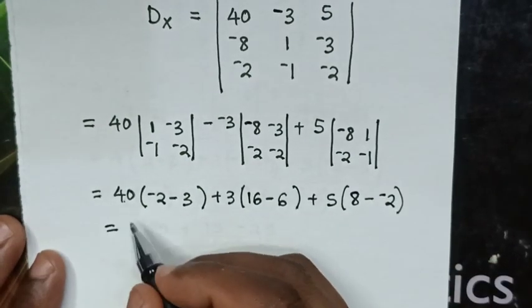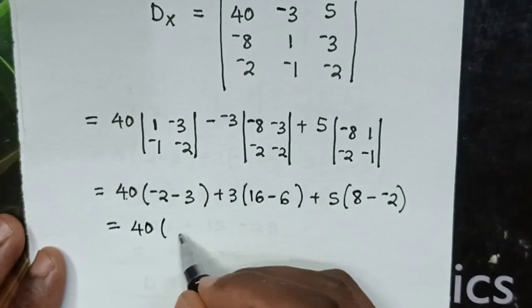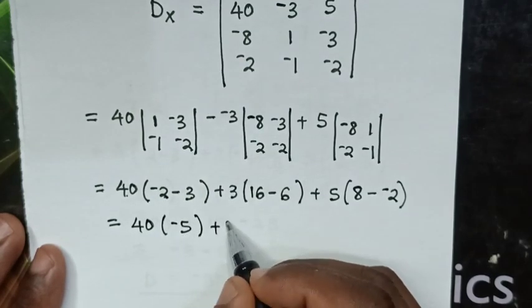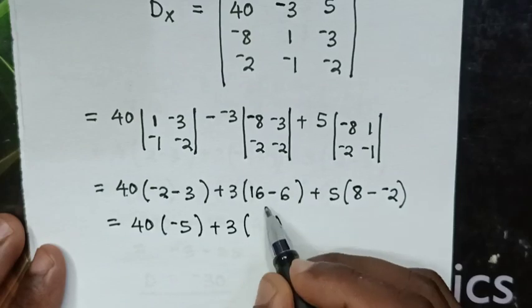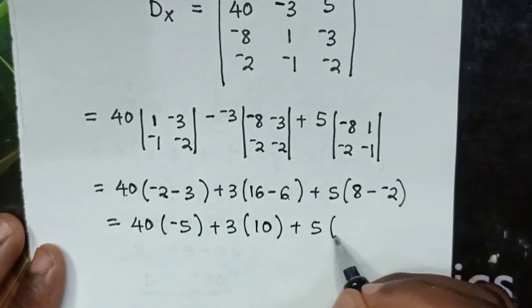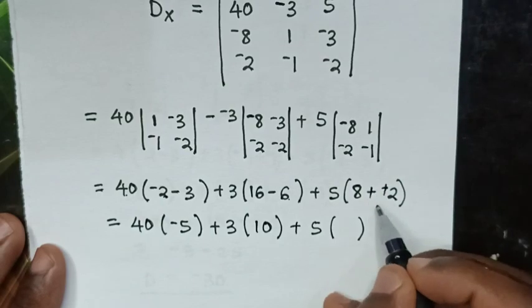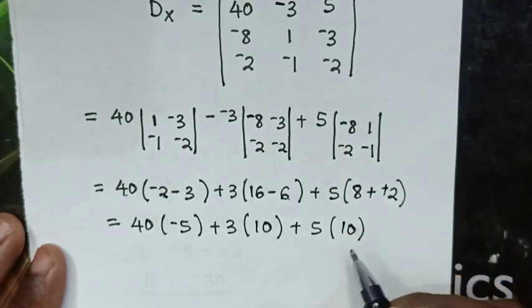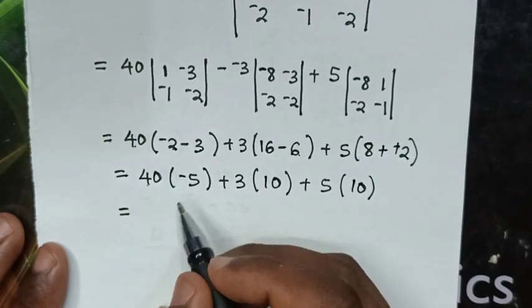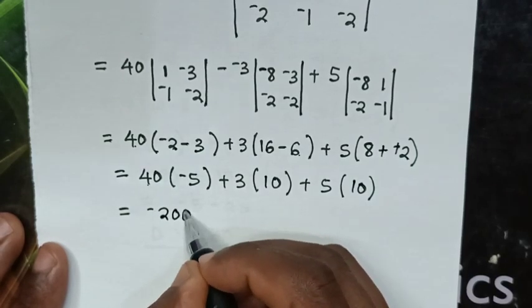Then it will be equal to 40, then bracket negative 2, negative 3 is negative 5, then plus 3, bracket 16 minus 6 is 10, then plus 5, bracket, then here to be plus 8 plus 2 is 10. Then it will be equal to 40 times negative 5 is negative 200.